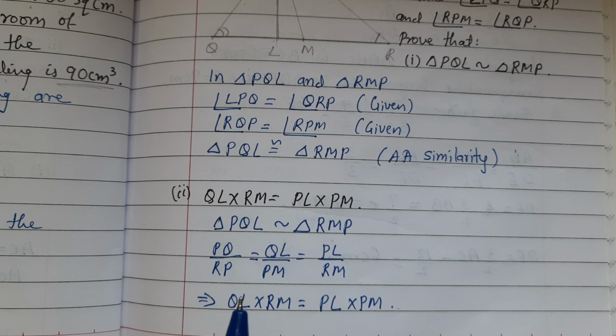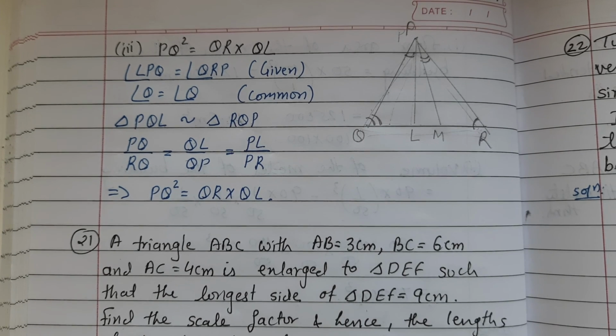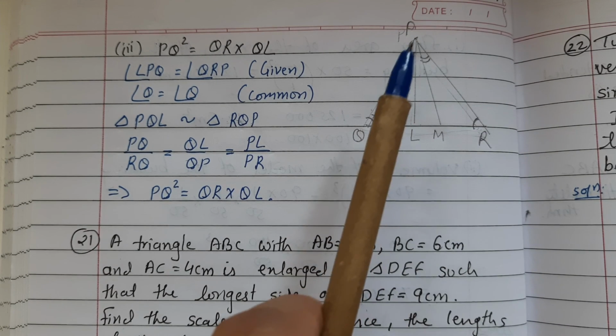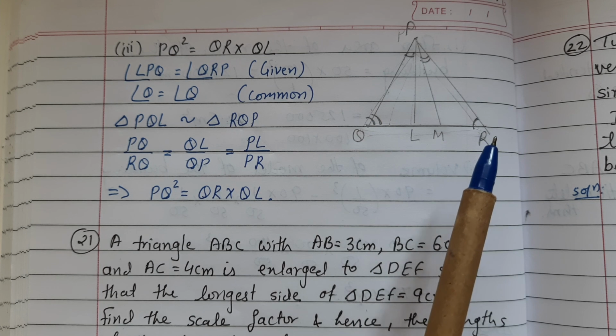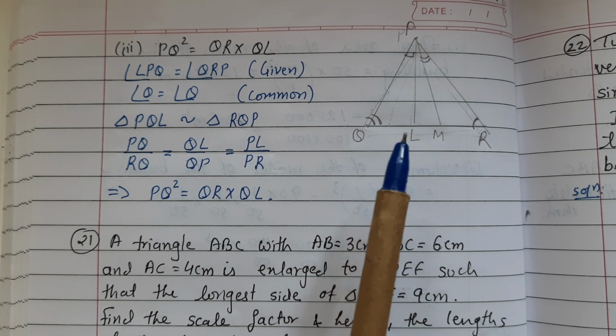Therefore, here these two parts cross multiply, we get QL into RM is equal to PL into PM. Hence proved.